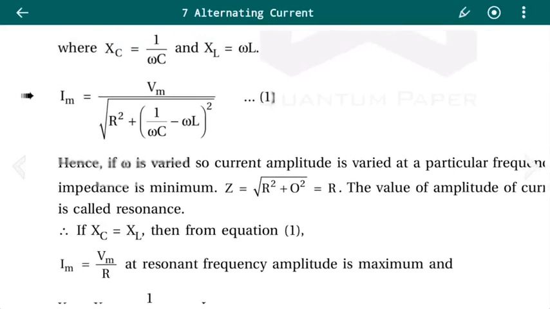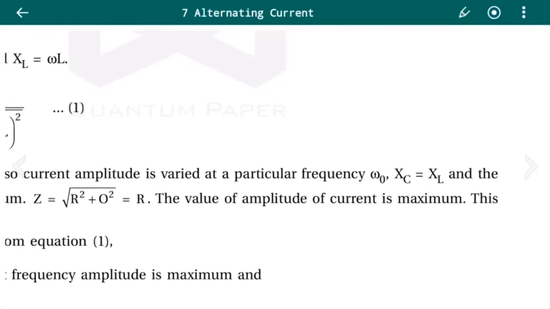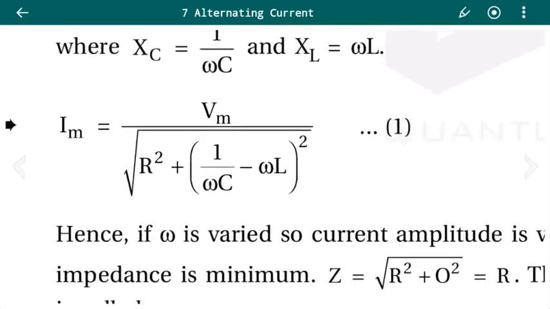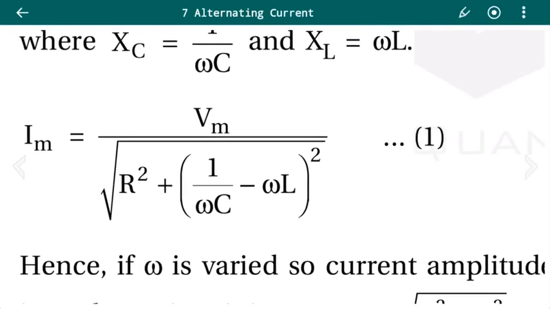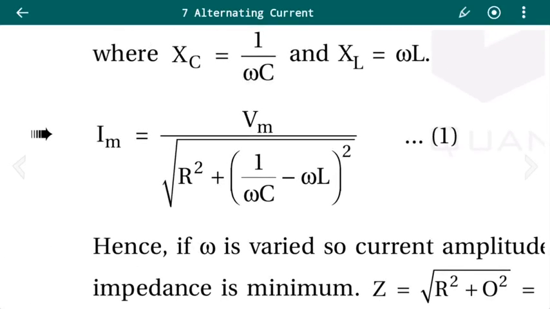Hence, if omega is varied, the current amplitude is varied. At a particular frequency omega 0, Xc equals XL and the impedance is minimum. So here, what we desire is the maximum current, because resonance is the event to get the maximum amplitude or maximum current.